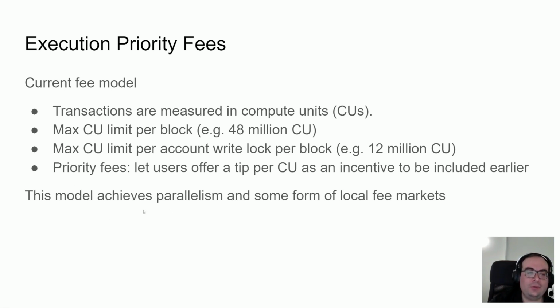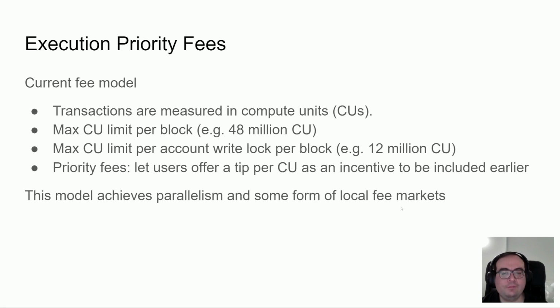So this model now achieves parallelism and some form of local fee markets. Parallelism because one application alone will never be able to saturate a block completely. At most, with this account, you have 12 million CUs used, and the other applications can use the rest of the resources of the network.